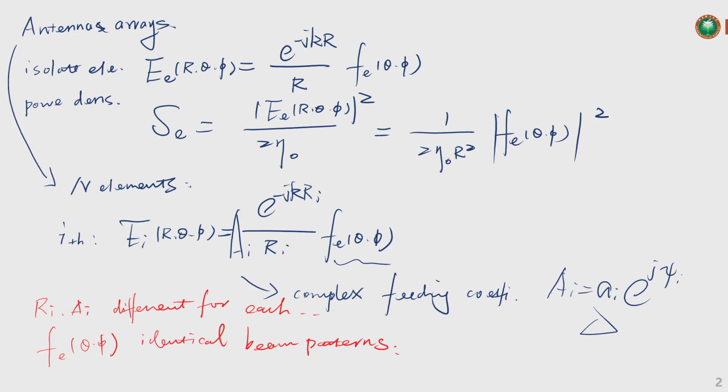So now, for example, we assume each element is a dipole antenna. They can be dipole or horn, rectangular, many kinds of such antennas.